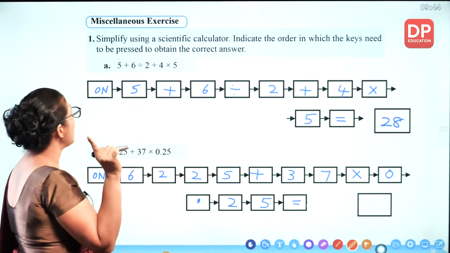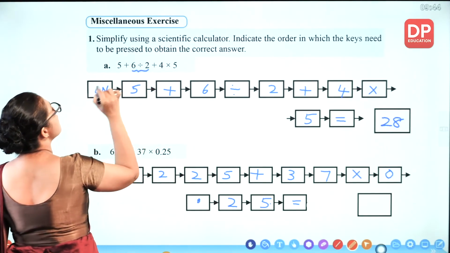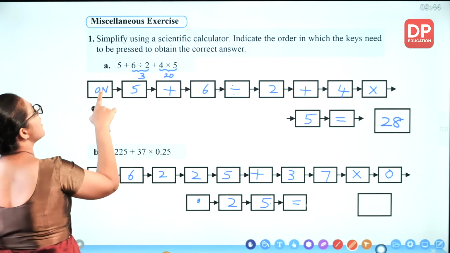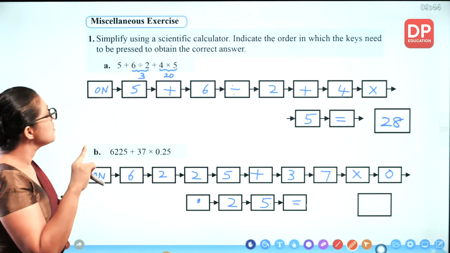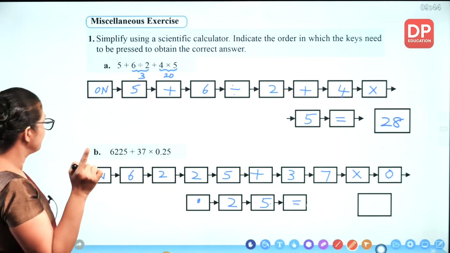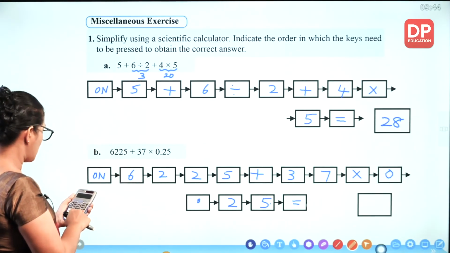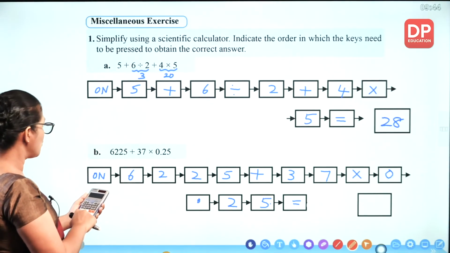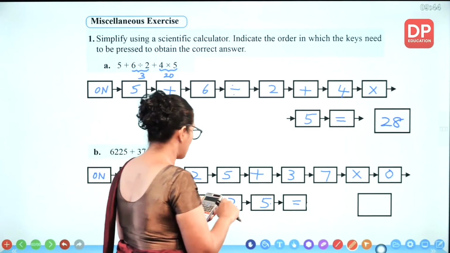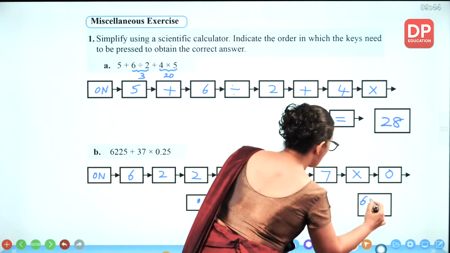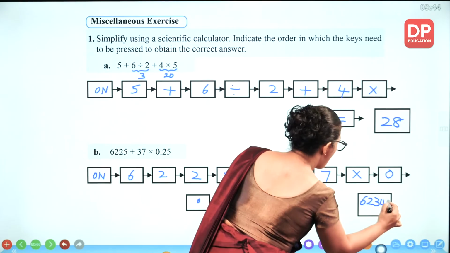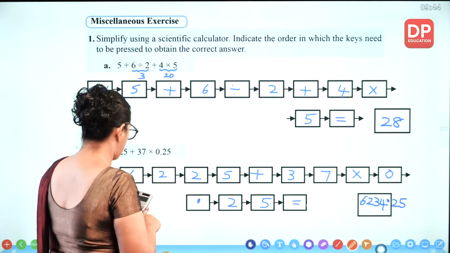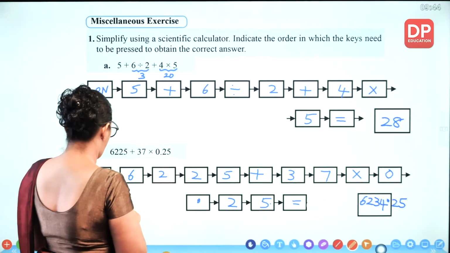If you are not using the calculator, according to BODMAS, 6 divided by 2 is 3. 4 times 5 is 20. Then you can add 20 plus 5, 25. 25 plus 3, 28. 6225 plus 37 into 0.25. So what's the answer? You get 6234.25.